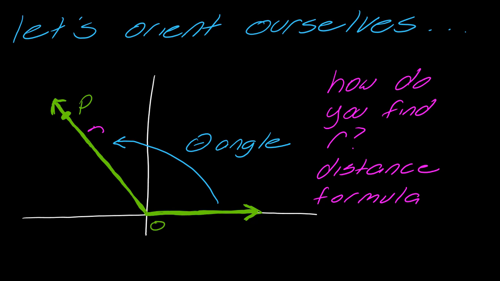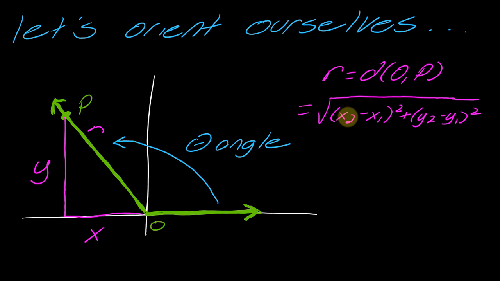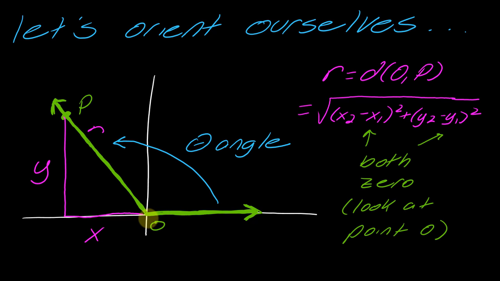So I'm going to label this side as r, and then I'm going to do my work to figure this out. So I can figure out this distance by figuring out this distance here, x and y, right? I want to figure out the distance between O and P, so I can do that using the distance formula. But one thing that I know about the point O is just 0, 0.